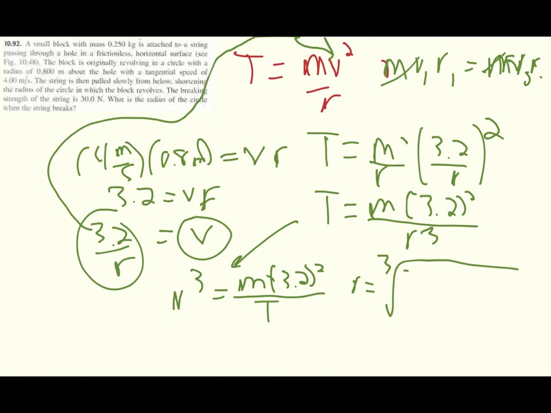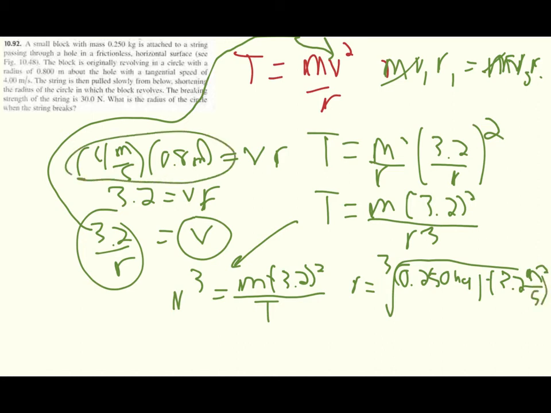The mass was 0.250 kilograms, times 3.2 squared, and I want to point out the units for that are meters squared per second. I didn't note it over here. That is divided by 30 newtons. And my answer ends up being 0.44.